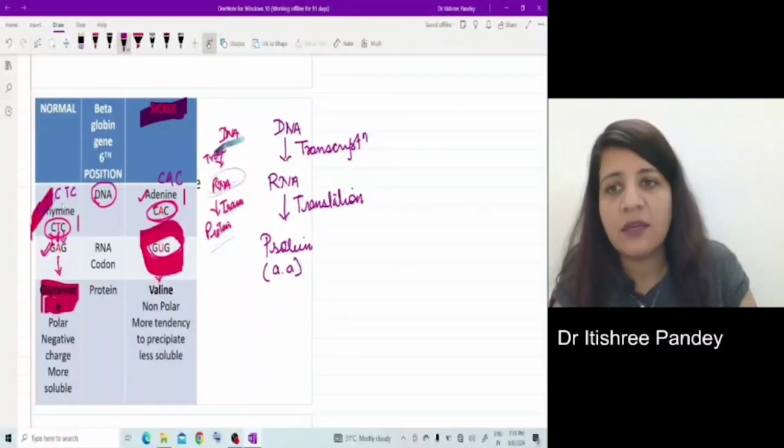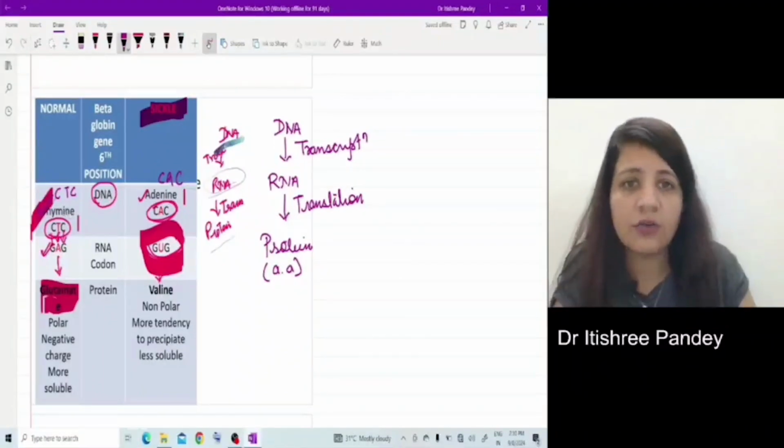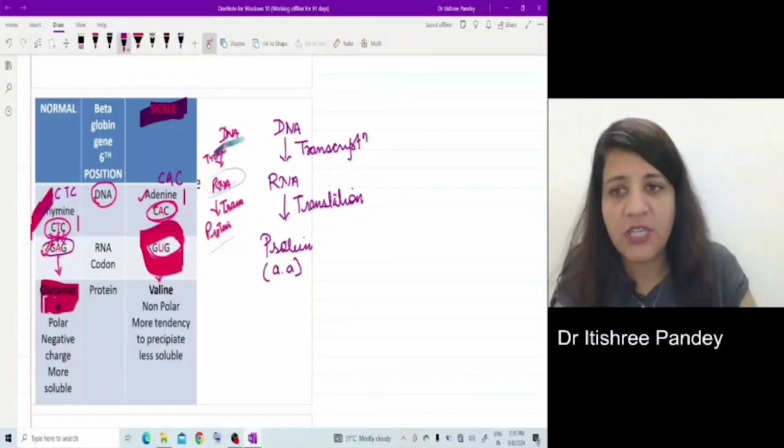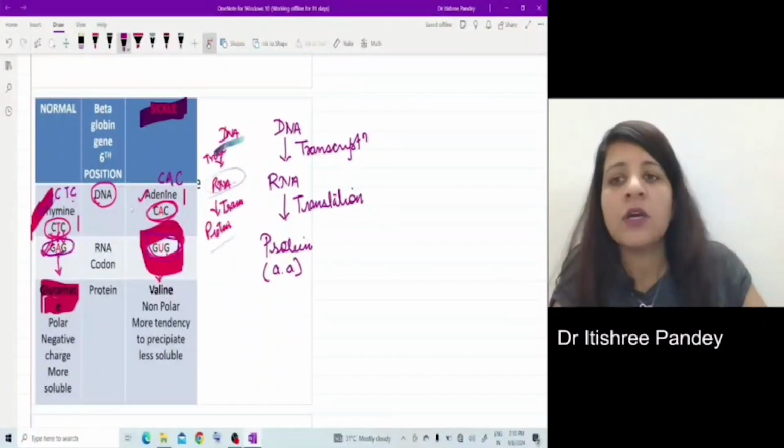Now CTC, when it undergoes transcription, forms GAG, and in the abnormal condition, that is in sickle cell, this GAG is replaced by GUG, CTC is replaced by CAC.